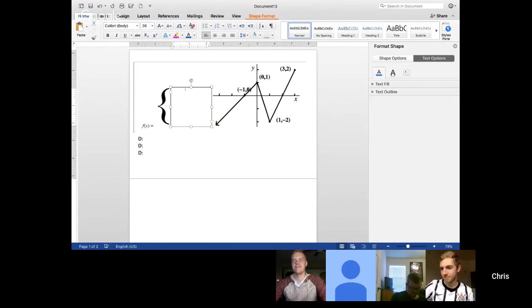So we have to find the graph for each one of these piecewise functions and state the domain for all three of them.